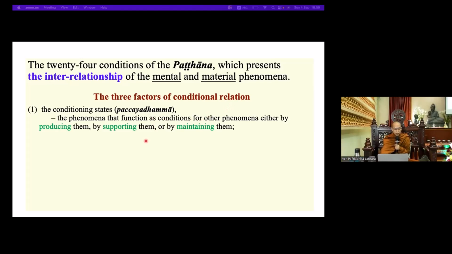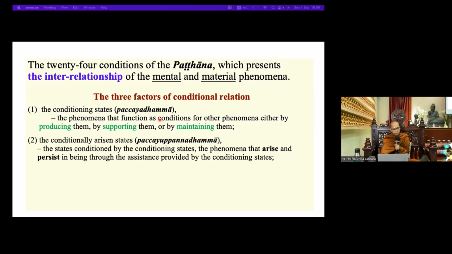The Paccaya Dhamma, the conditional state, or in short, we call it the condition, is able to produce its conditioned states, and also it can support and maintain its conditioned states. Paccayuppanna Dhamma are produced by the Paccaya Dhamma.